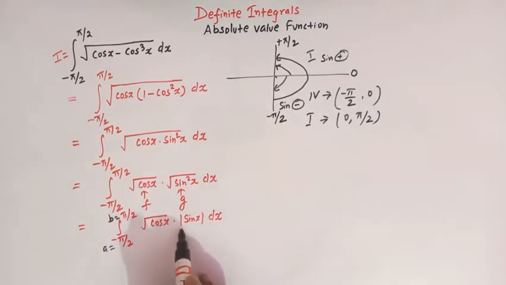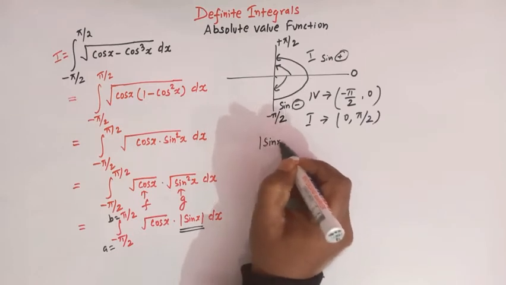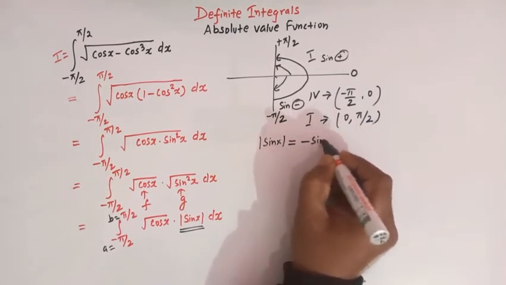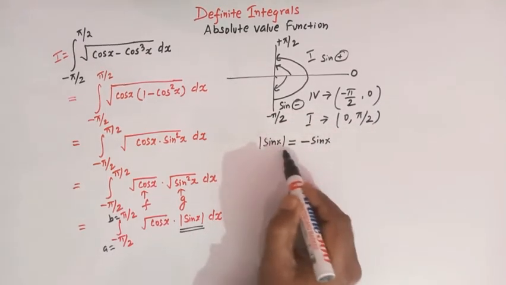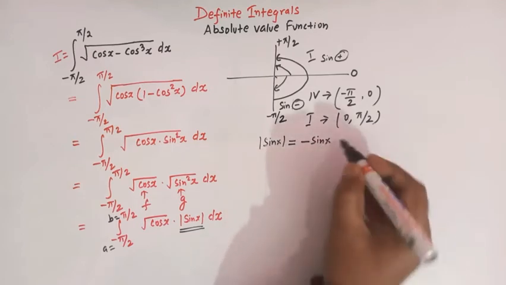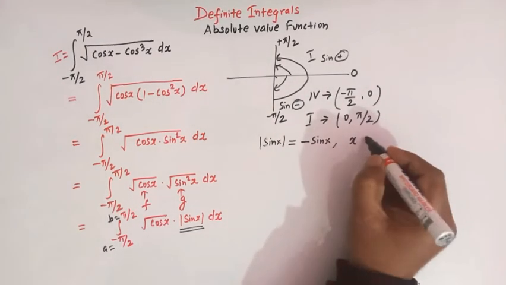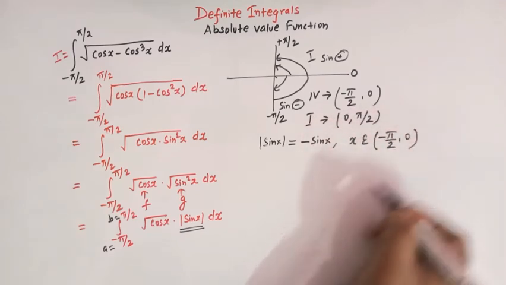So mod of sine x is equal to minus sine x when x belongs to the interval minus pi by 2 to 0.